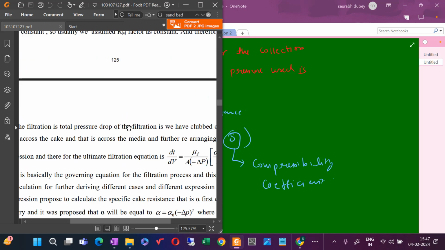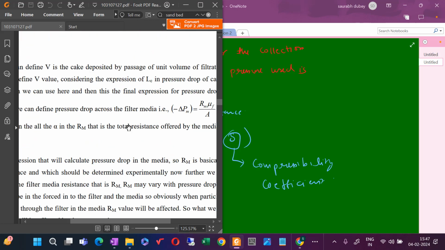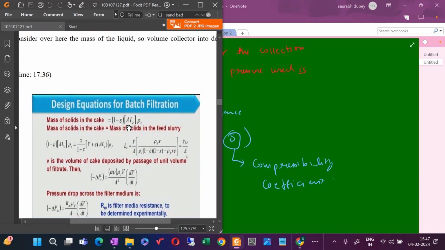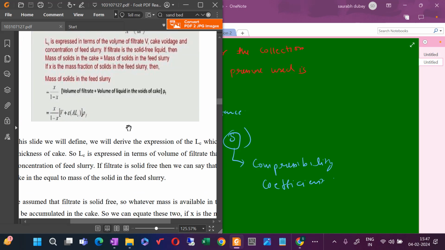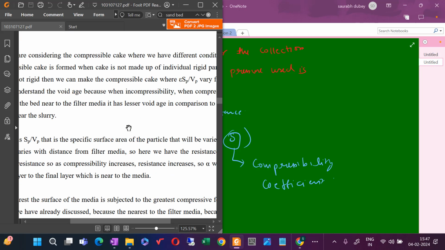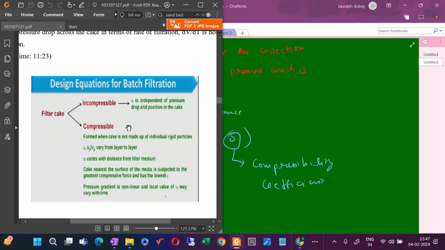So this alpha value has different kinds of expressions for the filter cake, the layer which is forming, and that will anyway have another resistance.